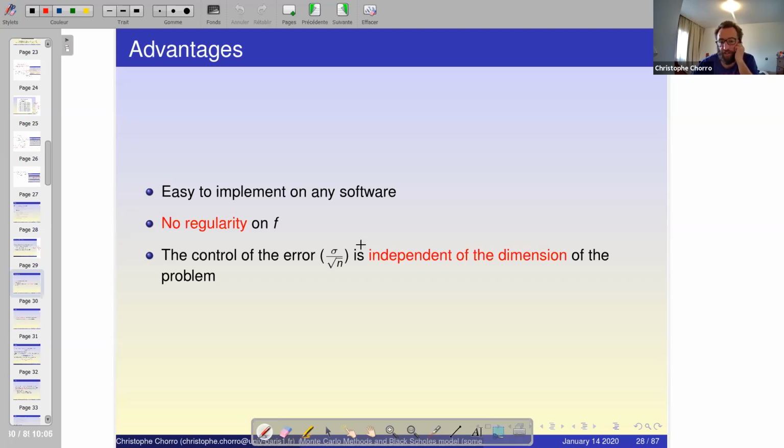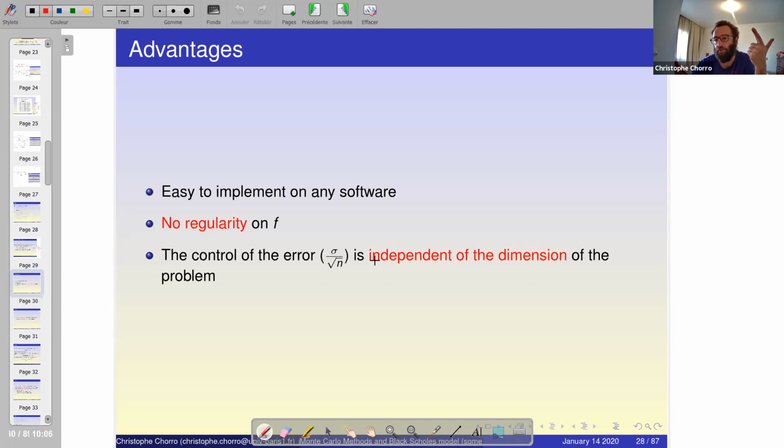In fact, this is completely the contrary of what we did at the very beginning of this session. When I reminded you how to approximate an integral by Riemann sum, I needed regularity to obtain the convergence and to control the error, to be C1 at the very least, to have a good control of the error using Taylor expansion.